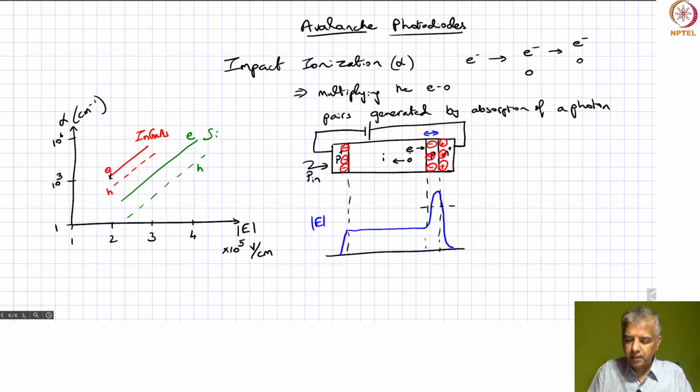As the electron goes through this medium, it gets accelerated, and it has so much momentum that it triggers impact ionization, and then it generates many more electron-hole pairs, which, because of the large field here, are swept across this region, and generate photocurrent in the external circuit.